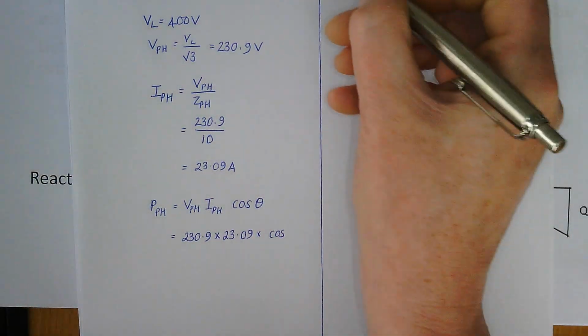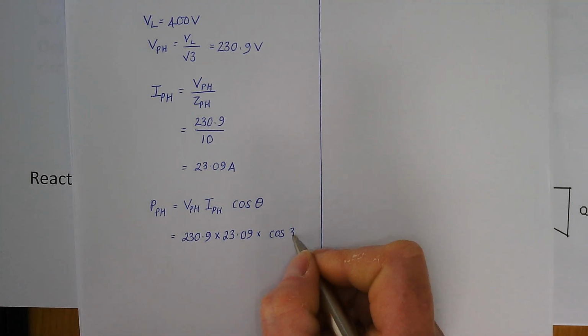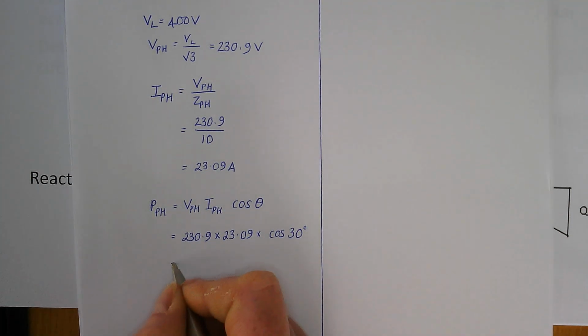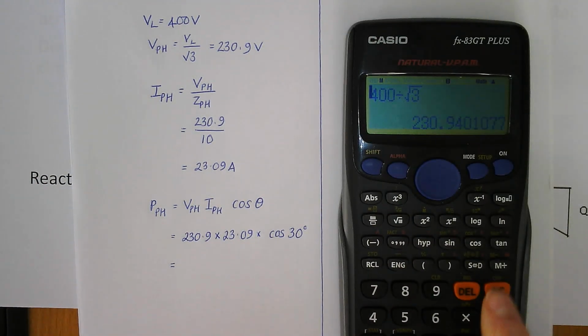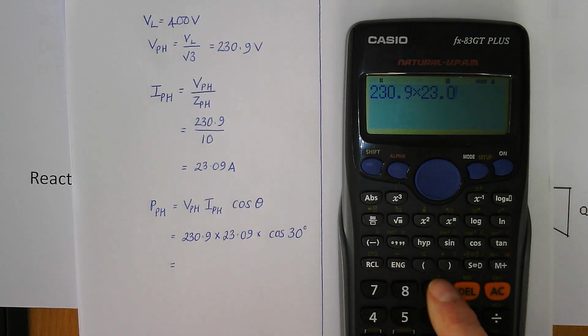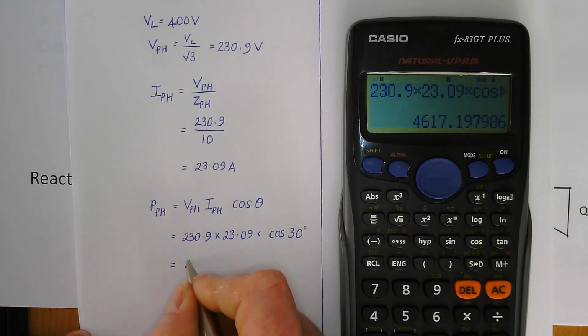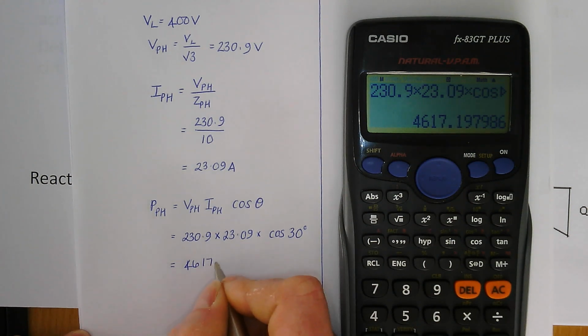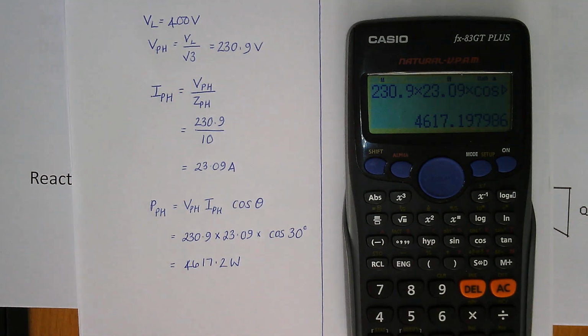And your angle will come from that angle in the impedance, that 30 degrees. And true power, active power, power dissipated, all those real powers, they are measured in watts.